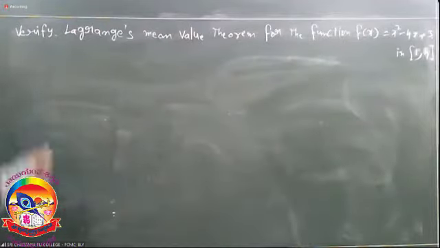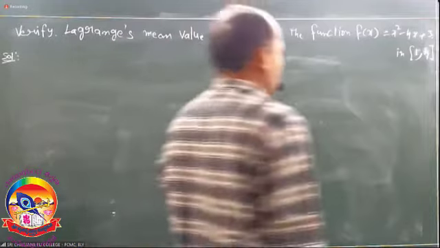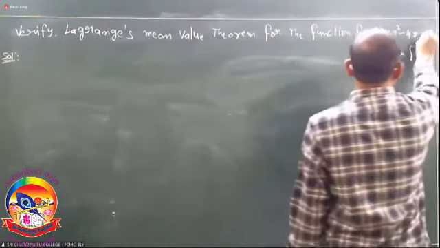Verify Lagrange's mean value theorem for the function f of x is equal to x square minus 4x minus 3 in 1 comma 4.